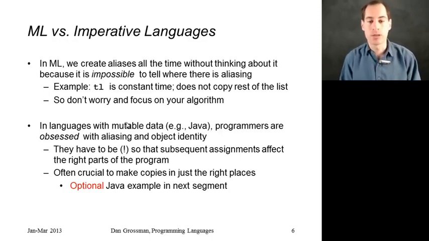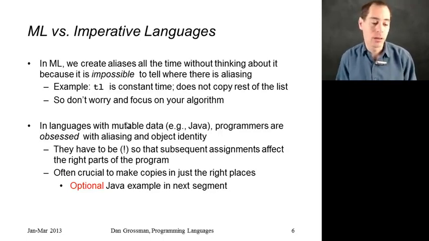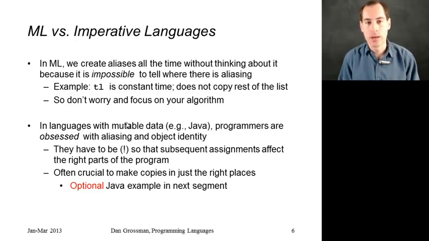It's a very fast operation because it just returns an alias to the tail of the list that was passed as its argument. ML programs would be much less efficient if the tail function made a copy of the entire list minus the first element. So when you're writing functional programs, you don't worry about these aliases. You just focus on your algorithm because you know there's no mutation.